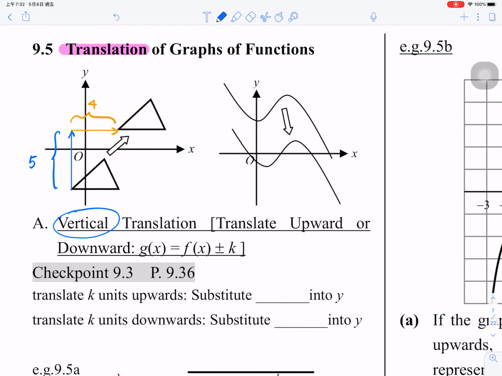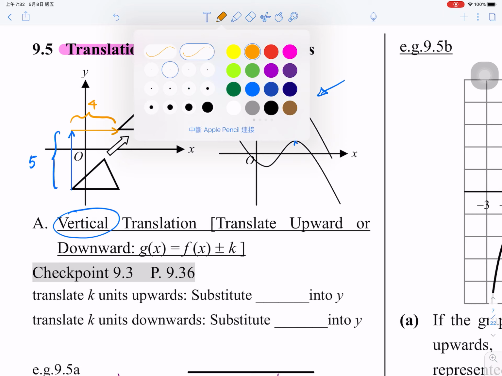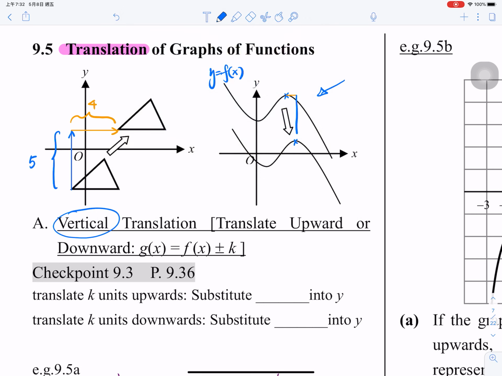So if now it's a curve like this, if it's a function y equal to f(x), then what happened? For example, this point translates to this point, right? Then you can say that it translates to the right for certain units, then translates downward for certain units.